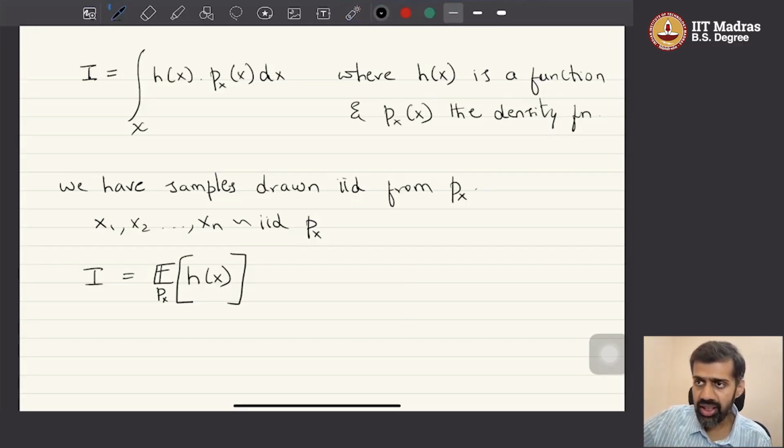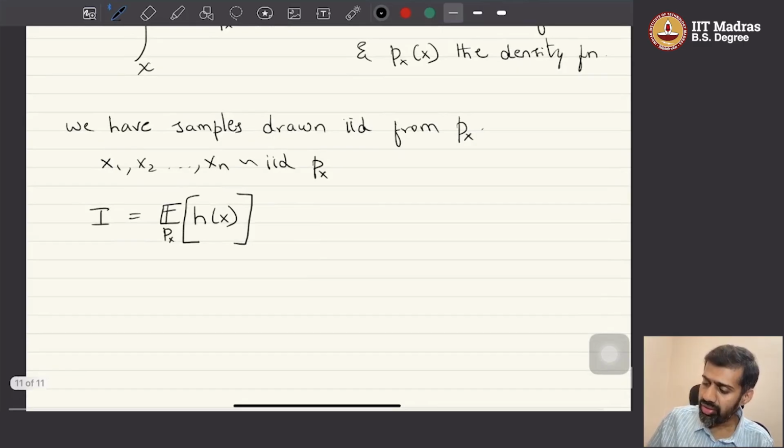Now what we need to actually compute is the expectation of a particular function with respect to a distribution, right? We also have this powerful result from statistics called the weak law of large numbers.